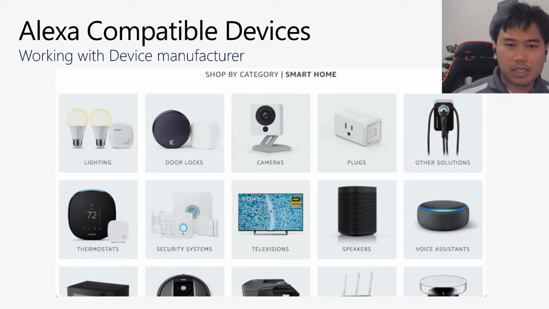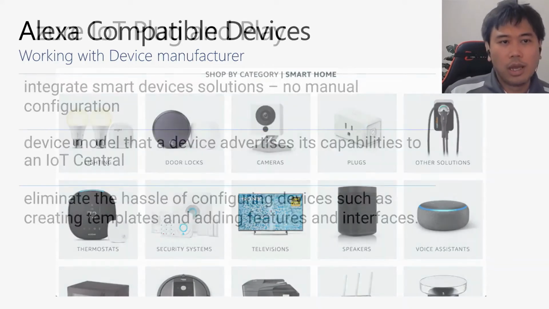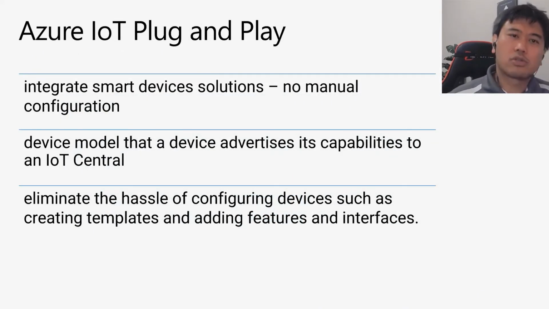These devices can plug in and then seamlessly get data from one device, pass it to another device, and be able to control it. And that's what Azure IoT Plug and Play is providing us. Azure IoT Plug and Play integrates this smart device solution without manual configuration. And I will demo how this one connects to IoT Central later on.